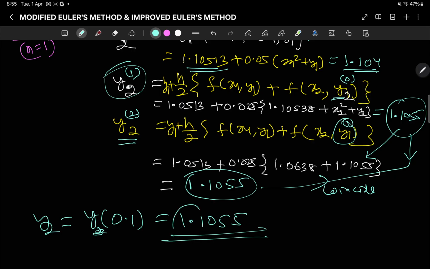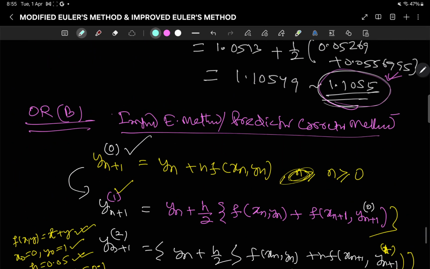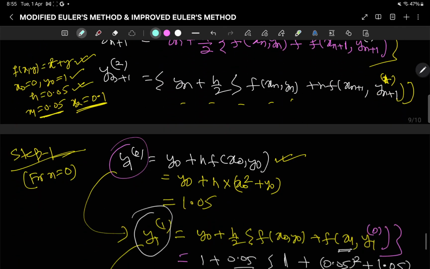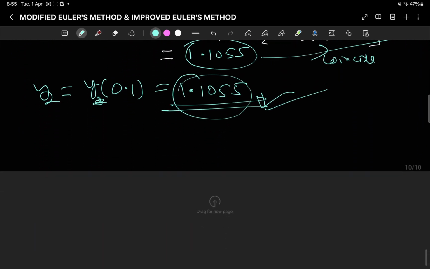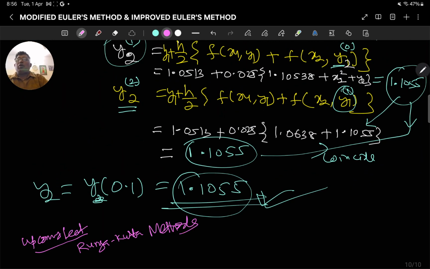You see here that y2 in this method also coincides with the previous method. So all these results are the same by any of the methods. At this stage I should conclude. To conclude, the improved Euler method is different from the modified Euler method.